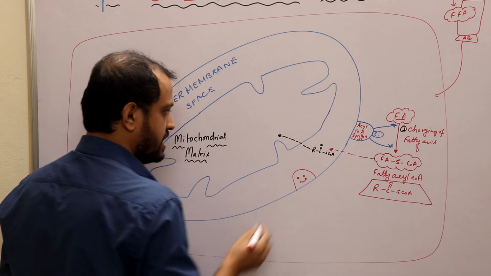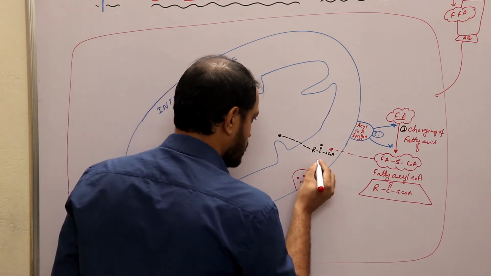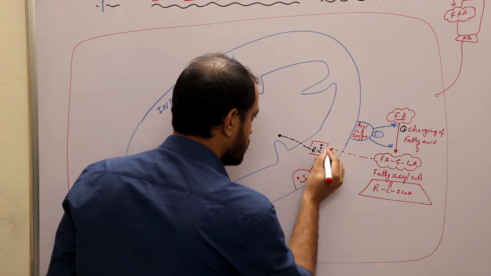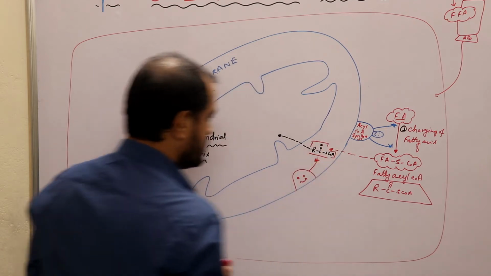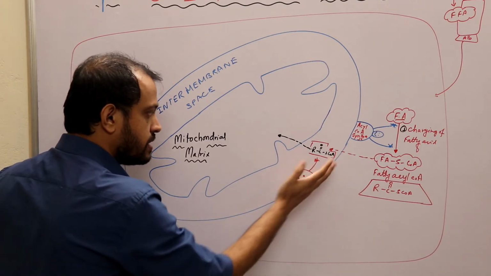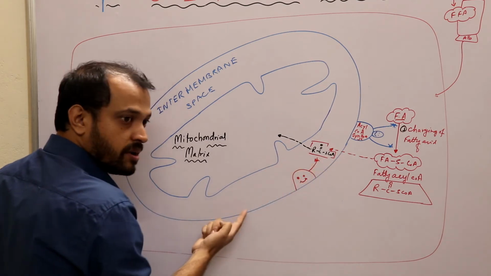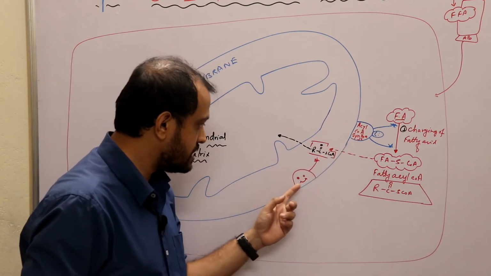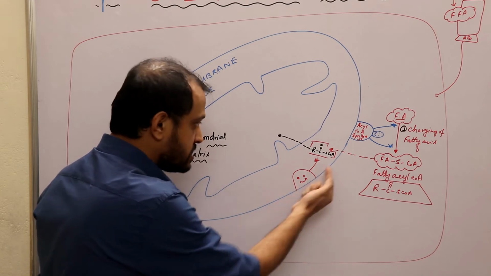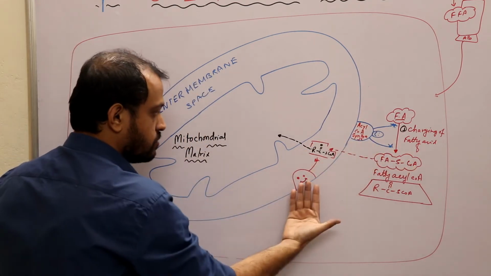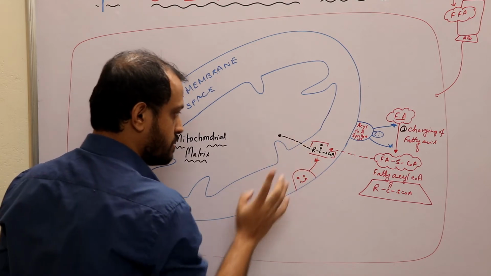This enzyme is actually attached on the inner side of the outer membrane of mitochondria. That is the basic difference between acyl CoA synthase and this enzyme. Both are present on the outer membrane, but one is projected towards the outside and one is projected towards the inside, that is, the intermembrane space.